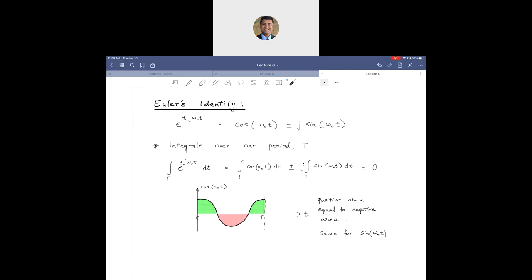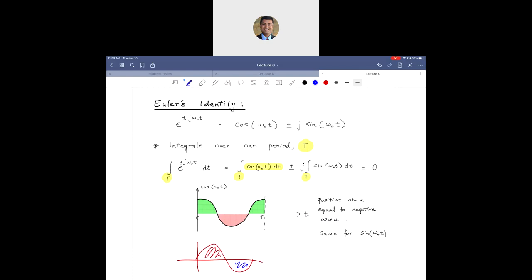But because we are considering this to be for one time period, you are going to have an area of 0 for cosine. And similarly, when you sketch this for the sine, the positive will cancel out with the negative. You can quickly do that. All of this will cancel out with all of that for one time period.